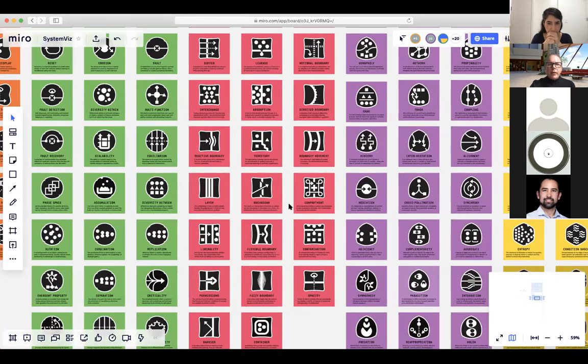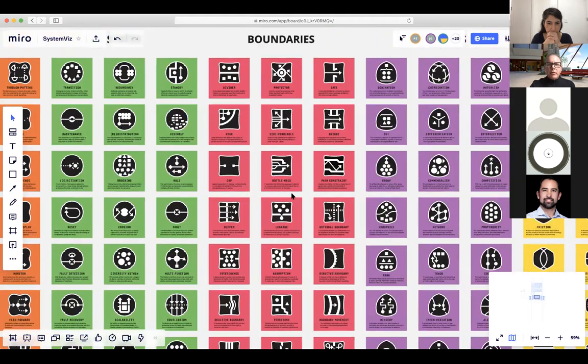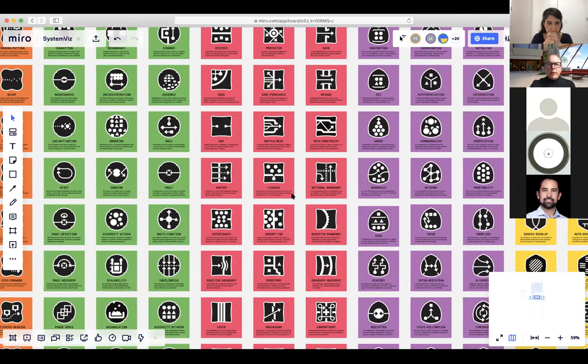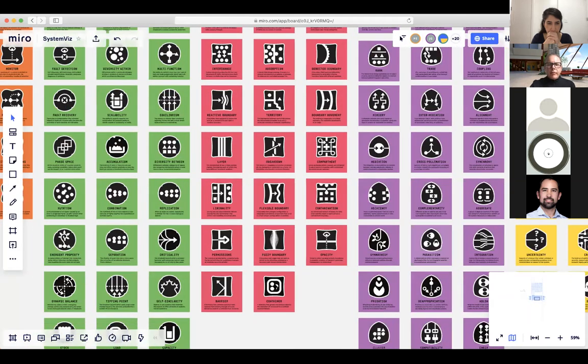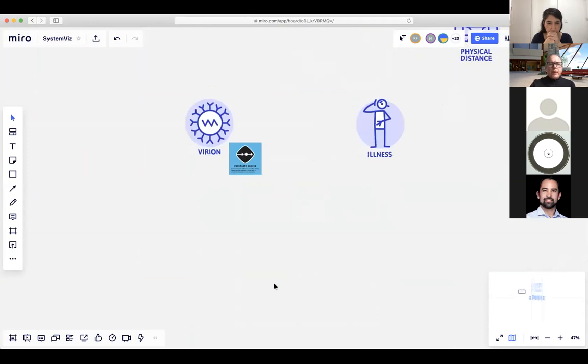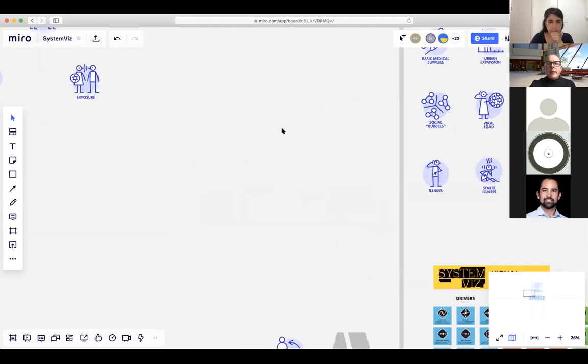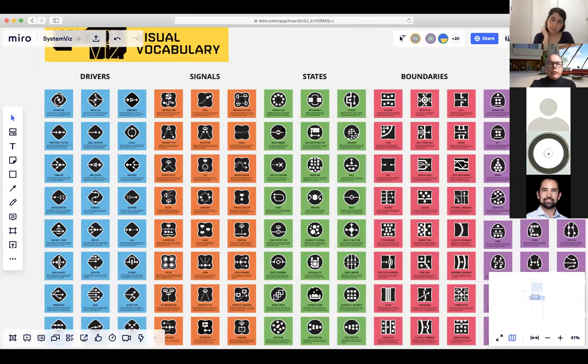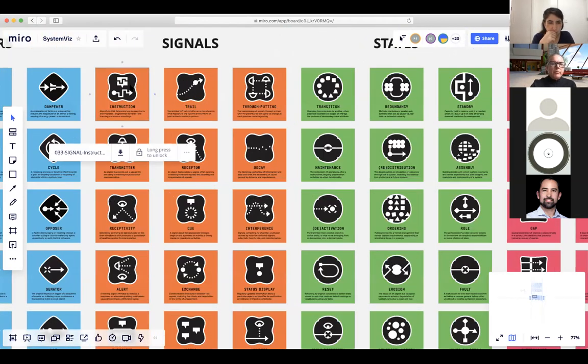The virome has a payload. In the case of COVID-19, it contains RNA. And RNA is a set of instructions for reproducing.